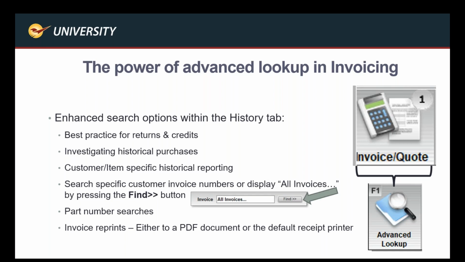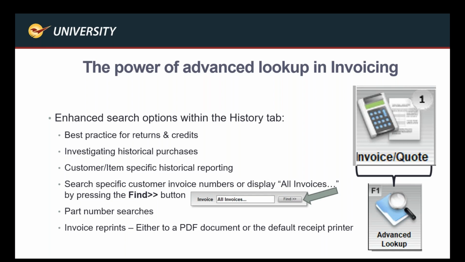Something else you can do is investigate historical purchases. You can do that for everybody, or if you select a customer before you go into the Advanced Lookup window, you can filter the purchases by that customer, which is pretty cool. If you look at the display on the slide, you see it says invoices, and it says all invoices.